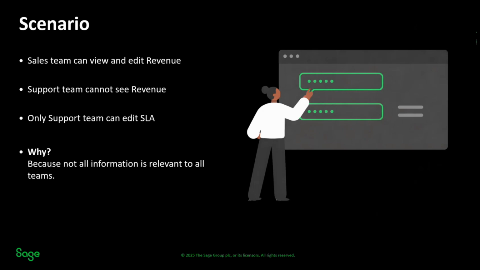On the flip side, the support team might be able to access the information that is to do with the customer's own service level agreements. The sales team might be able to view it, but the support team are the only team that should be able to make changes.